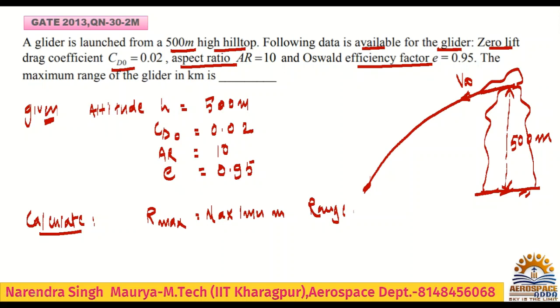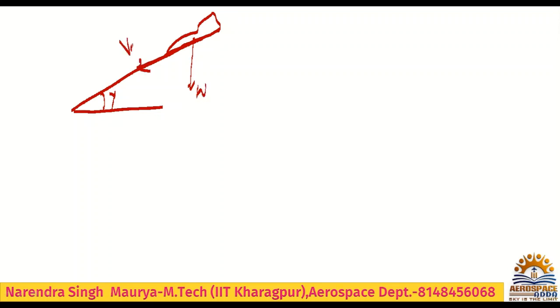Now we will resolve the force. So I'll show you another diagram. With gliding angle gamma, obviously weight will be acting downward. Here it is gliding with velocity v.